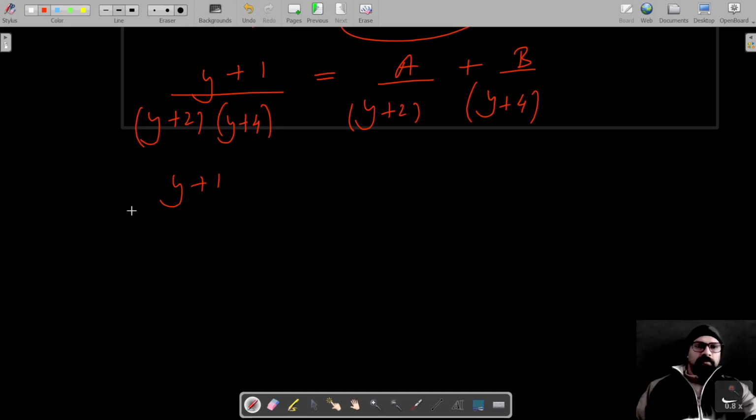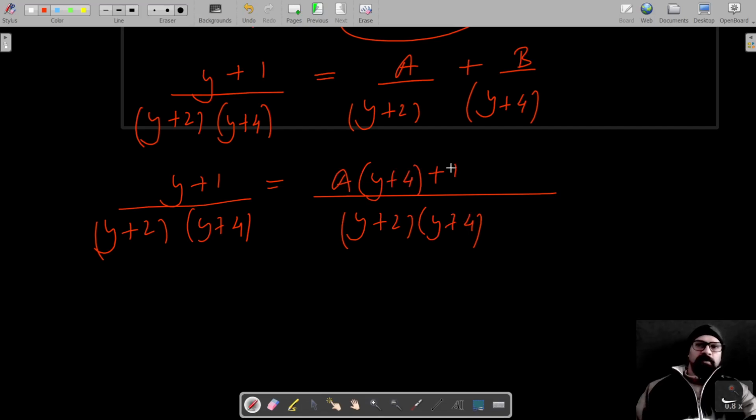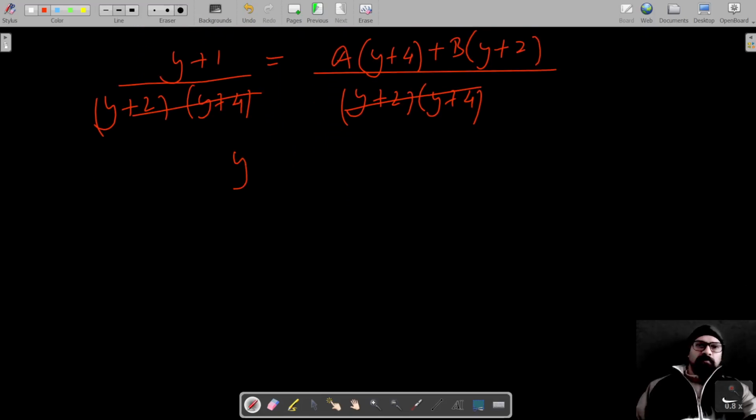We'll try to get the values of a and b. If we take the LCM, this is a into y plus 4 plus b into y plus 2, and the denominator gets cancelled. So y plus 1 is equal to a into y plus 4 plus b into y plus 2.